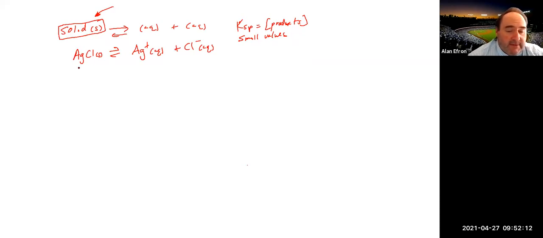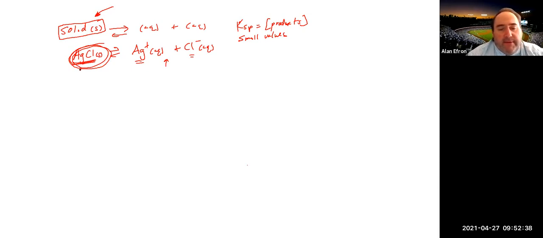So even silver chloride, which 9 times out of 10 is pretty much going to be a solid, a little bit of it will break apart. There is just a little bit of those ions still floating around in the solution. It's able to set up this equilibrium, again a very small amount in most cases, because the equilibrium is lying more towards the left-hand side.